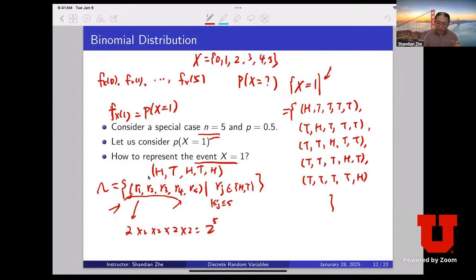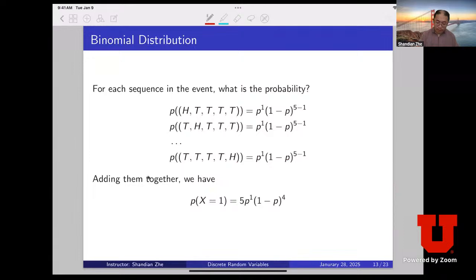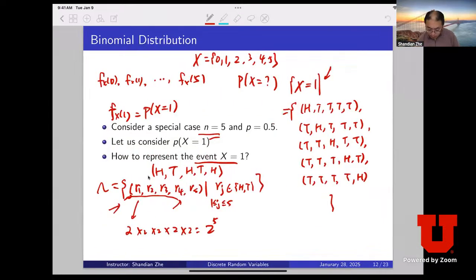Okay, so the next question is how do we compute the probability of this event? In other words, how do we compute the probability of this set?